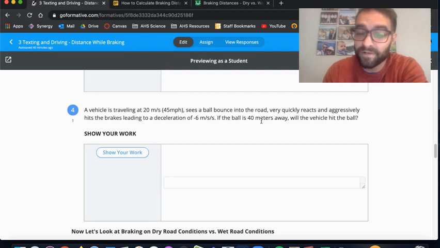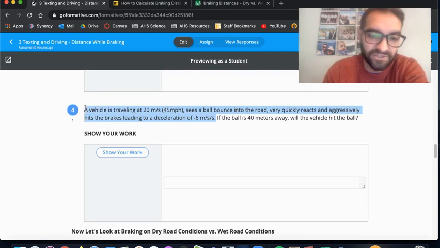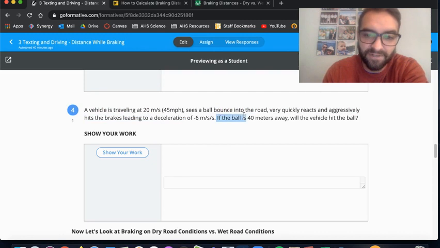If the ball is 40 meters away, will the vehicle hit the ball? This is actually asking you to calculate the distance traveled while braking, but instead of just giving me that number, it wants you to answer the question: will the vehicle hit the ball?